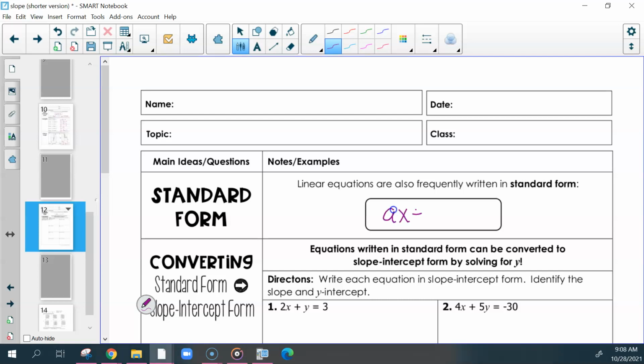Sometimes it's written in standard form, which is ax plus by equals c. What dark magic is this? So when it's written in this format, we have to solve it so that it's back in our slope-intercept form.